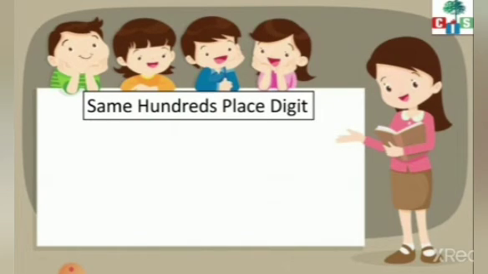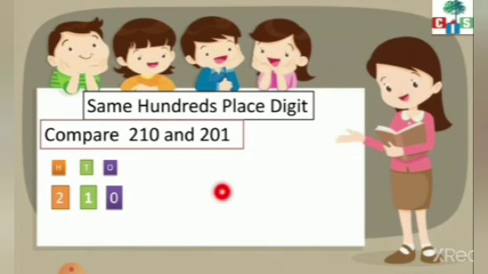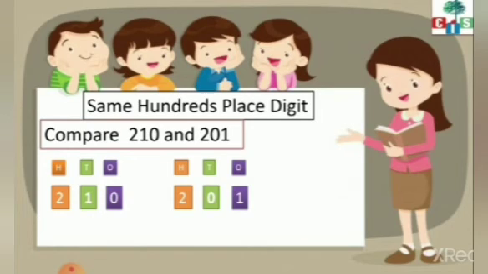Same hundreds place digit, it's the same question. Compare 210 and 201. We will write under correct place value. So let's start. Hundreds, tens, ones. So 2 in hundreds column, 1 under tens column, and 0 under ones column. Now we have to compare another number also. So let's write under the correct place value, hundreds, tens, ones. So 2 under hundreds column, 0 under tens column and 1 under ones column.